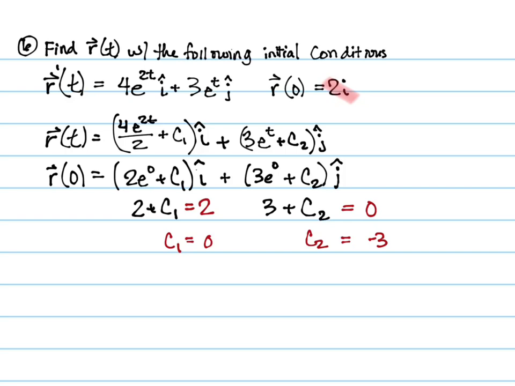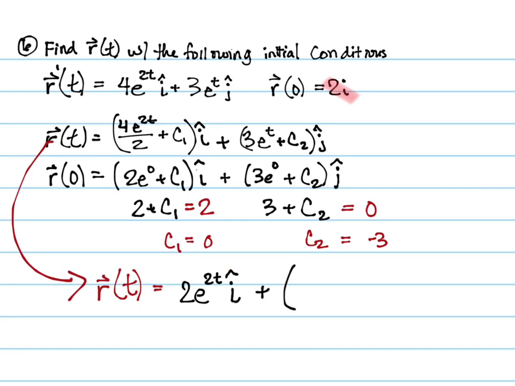Negative 3. And so we take our r of t that we had previously found as an arbitrary r of t, and we put back in the c1 and the c2. So we have 2e to the 2t, plus 0, so that's just it, and then i. And then we have 3e to the t minus 3, j.